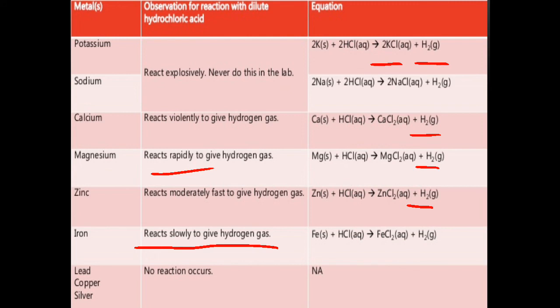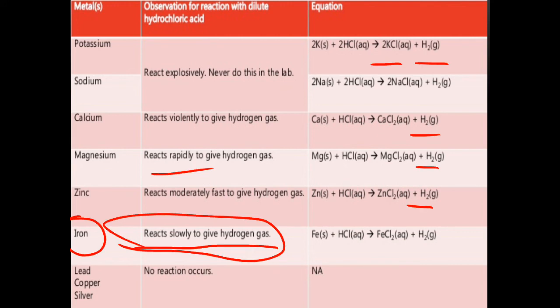Like, as the hydrogen is not at the very top position, iron is comparatively a stable metal, so its behavior with cold water and steam is almost in the same range, that it reacts slowly to give hydrogen gas. Means iron is a comparatively least reactive metal.